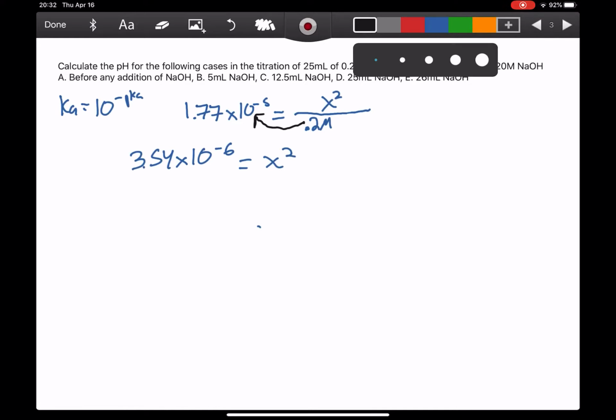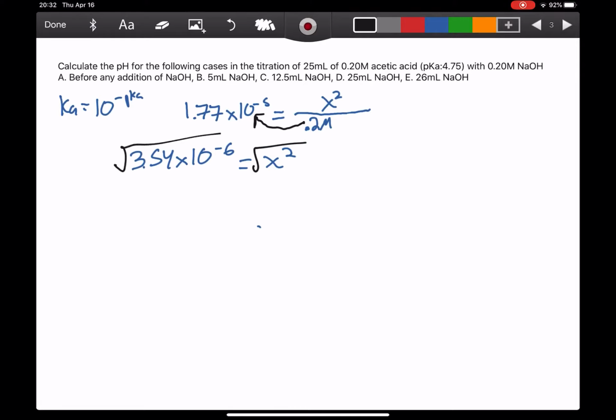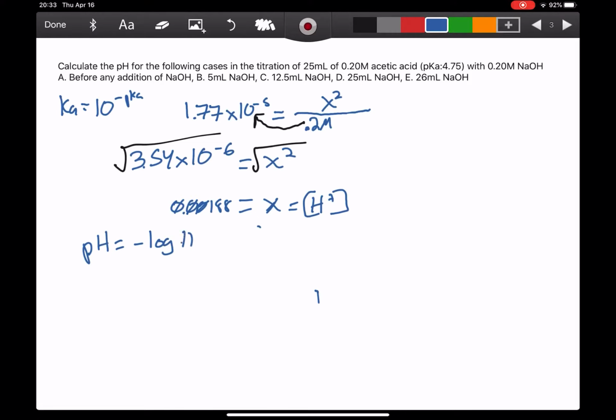So the next step is just going to be to take the square root of both sides, and that is going to give us X being equal to 0.00188, which is also equal to the concentration of hydronium. So now to find the pH, we're going to use this equation. pH is equal to the opposite of log of the concentration of H+.